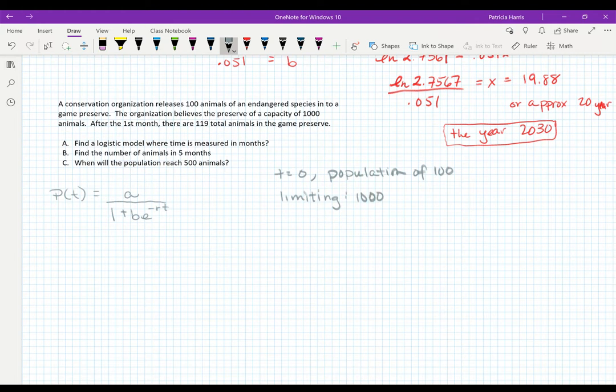And after the first month, there are 119 total animals in the game preserve. Remember, time is measured in months. So we need to find the logistical model where time is measured in months, find the number of animals in 5 months, and when will the population reach 500 animals. To do that, we need to find an A, a B, and an R.